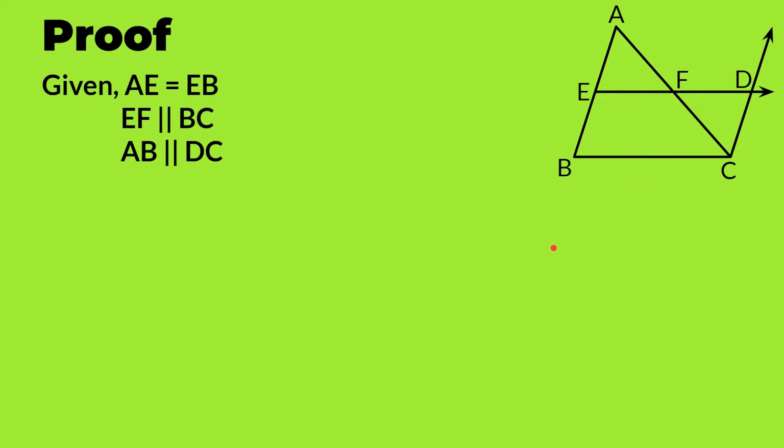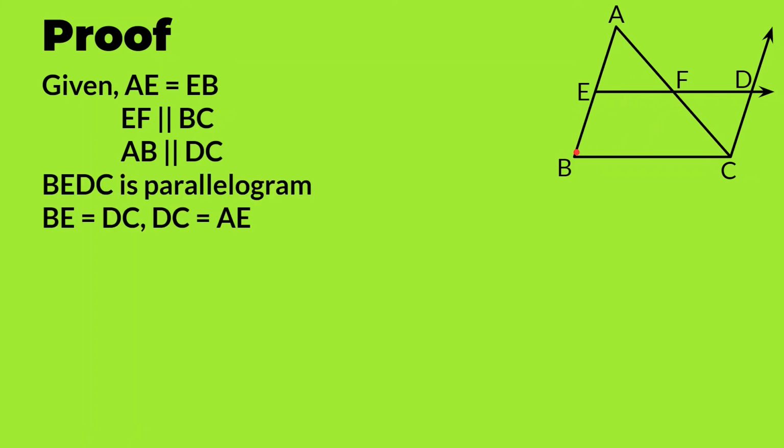Now we'll start by first trying to find the congruency between these two triangles. So BEDC is a parallelogram. So BE is equal to DC, which means that AE is equal to DC too, because AE is equal to BE.